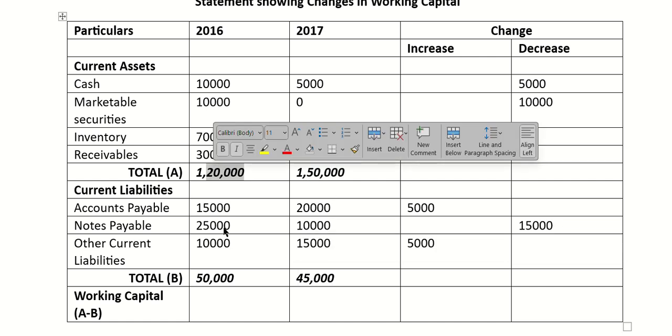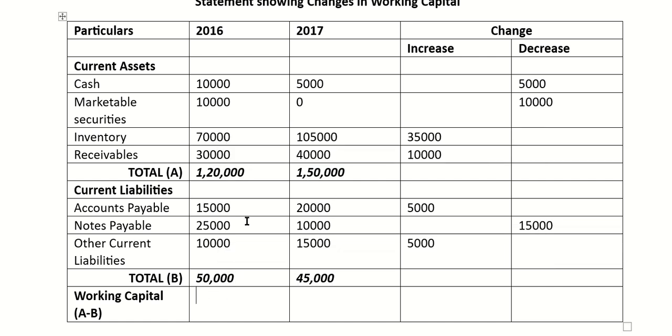That is the A minus B approach. It is 1,20,000 rupees for current assets in 2016 and the current liabilities is 50,000 rupees. So the working capital is 1,20,000 minus 50,000, that is 70,000. I hope you got that correct.